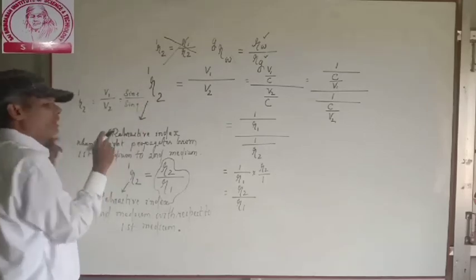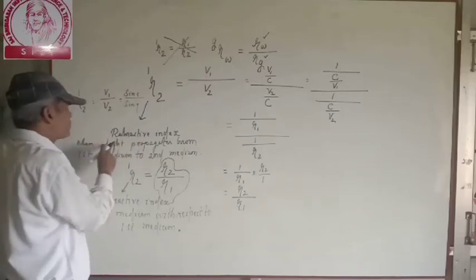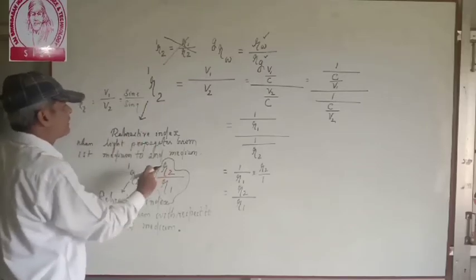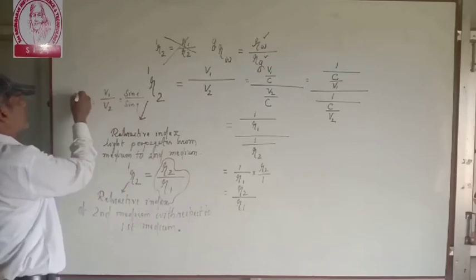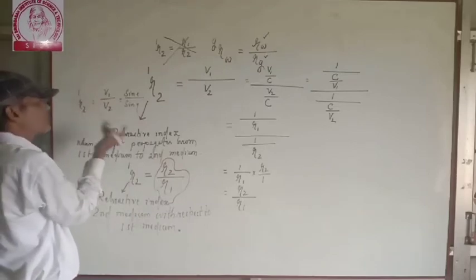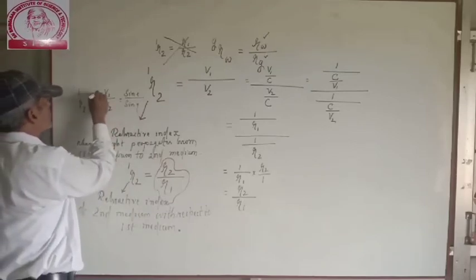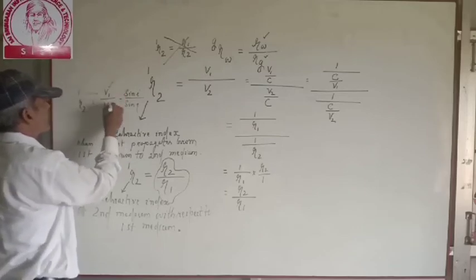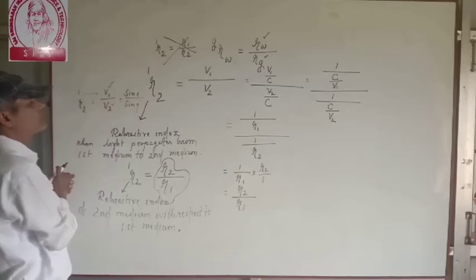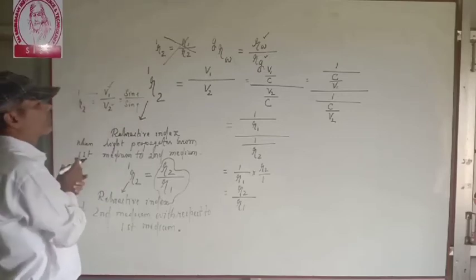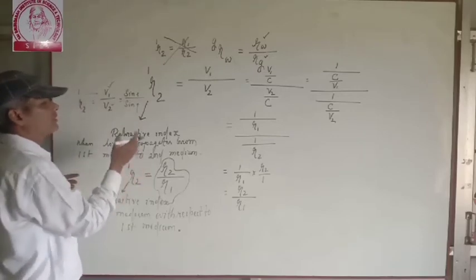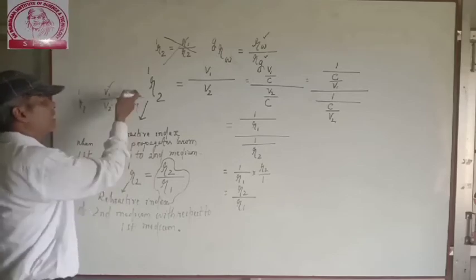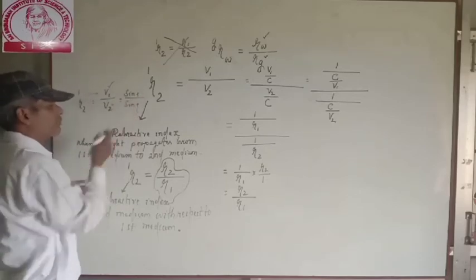But if you remember refractive index when light propagates from first medium to second medium, then it will be easy. First medium to second medium. In first medium the velocity is V1, in second medium the velocity is V2. So it is V1 by V2. In first medium the angle is I, maybe it is 30 degree, maybe it is 45 degree.